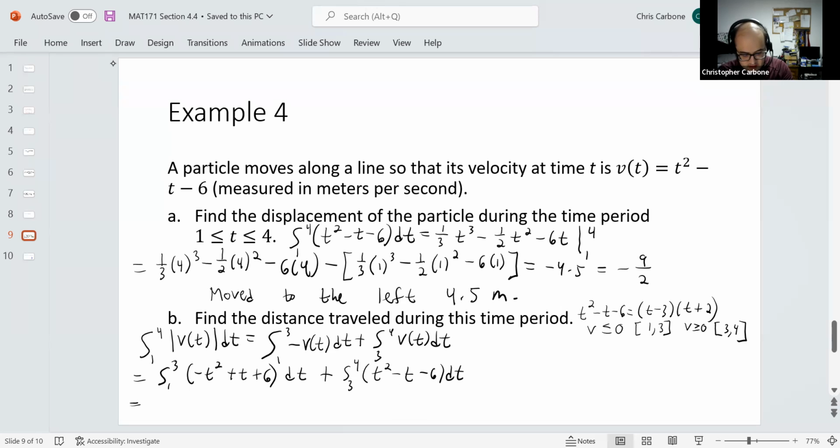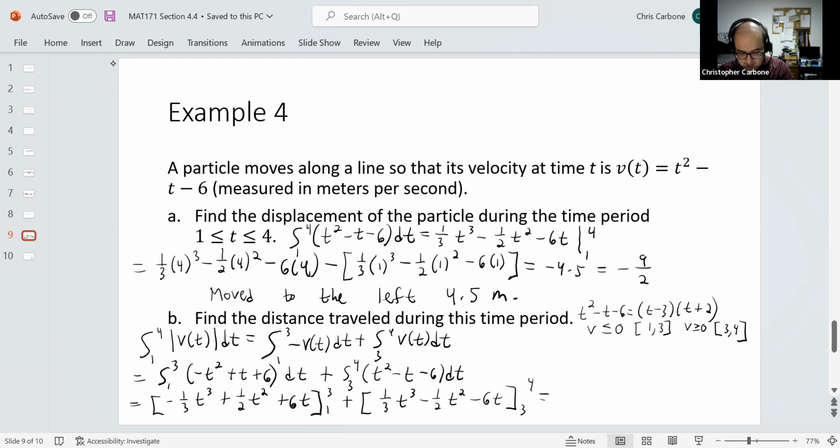So this would yield us negative 1/3 t cubed plus a half t squared plus 6t, evaluated between 1 and 3, plus a third t cubed minus a half t squared minus 6t, and this one between 3 and 4.